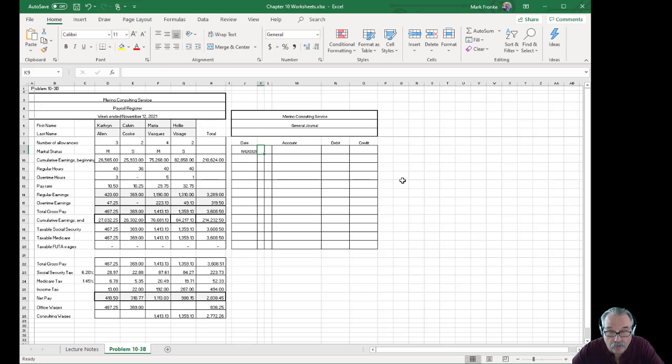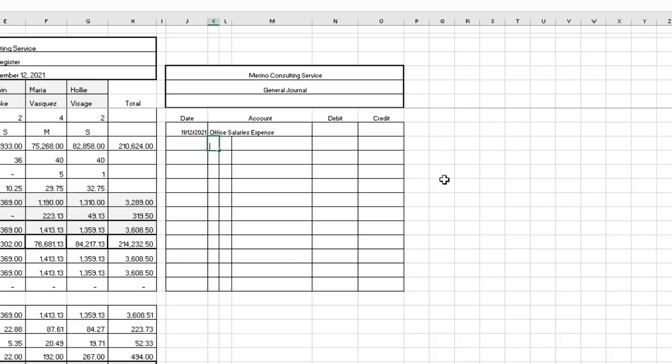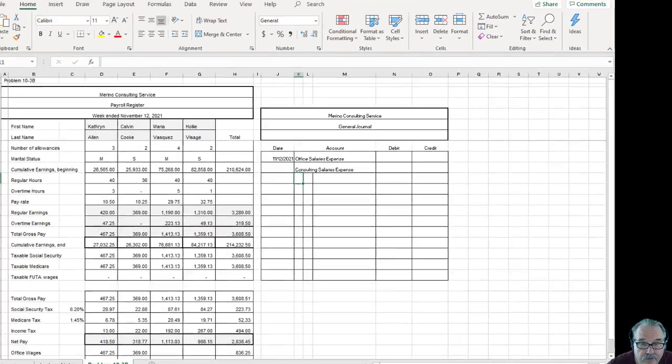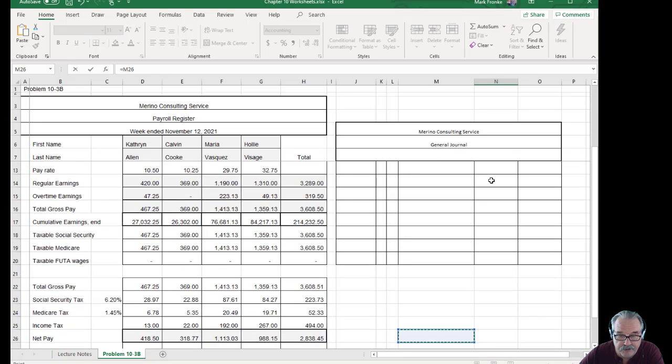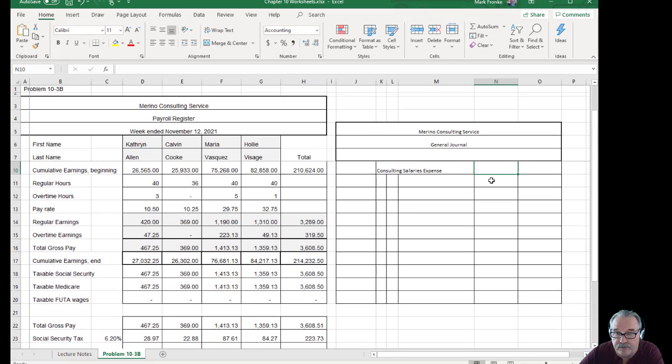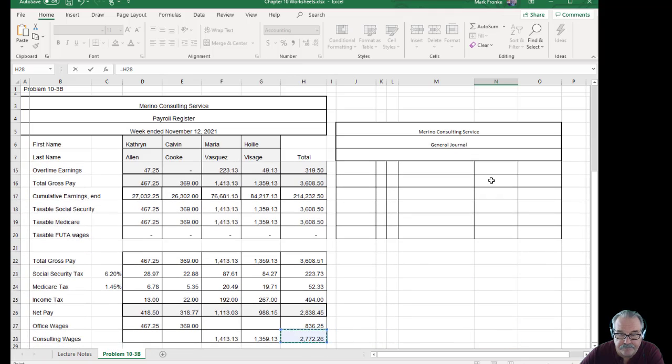We are going to debit office salaries expense and consulting salaries expense. And I'm going to have to make this bigger so it's easier to see, but hopefully you have those numbers down below. And there's our two debits. And I'm going to link those to the two columns we just set up for the office wages and for the consulting wages. So there's our debits.